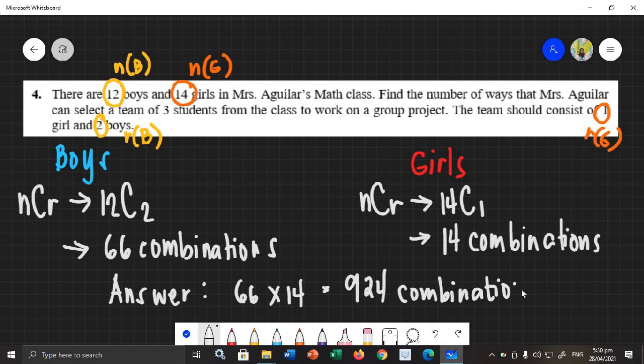Given that the combination should be composed of 2 boys and 1 girl from a total of 12 boys and 14 girls in the class. So that's it. That is how you solve problems regarding combinations, and that is all about combinations.